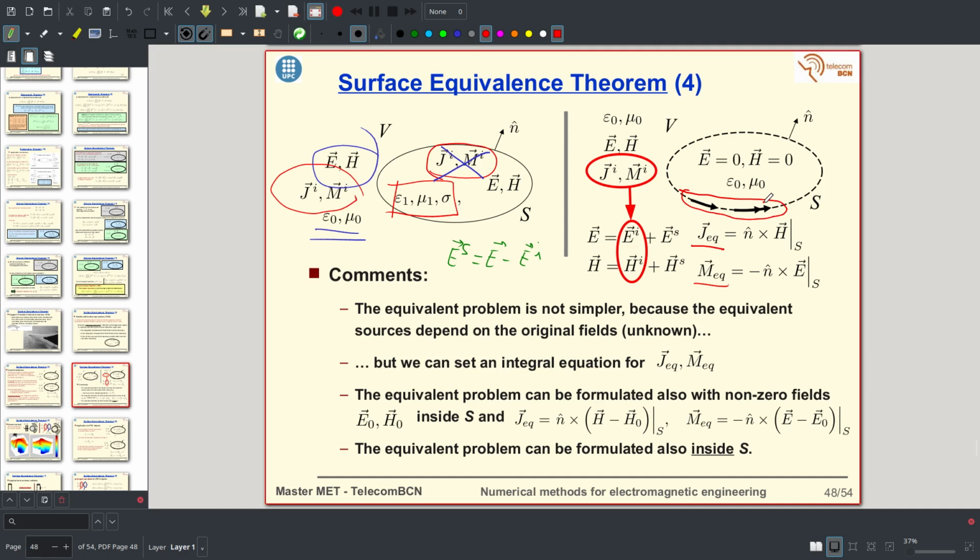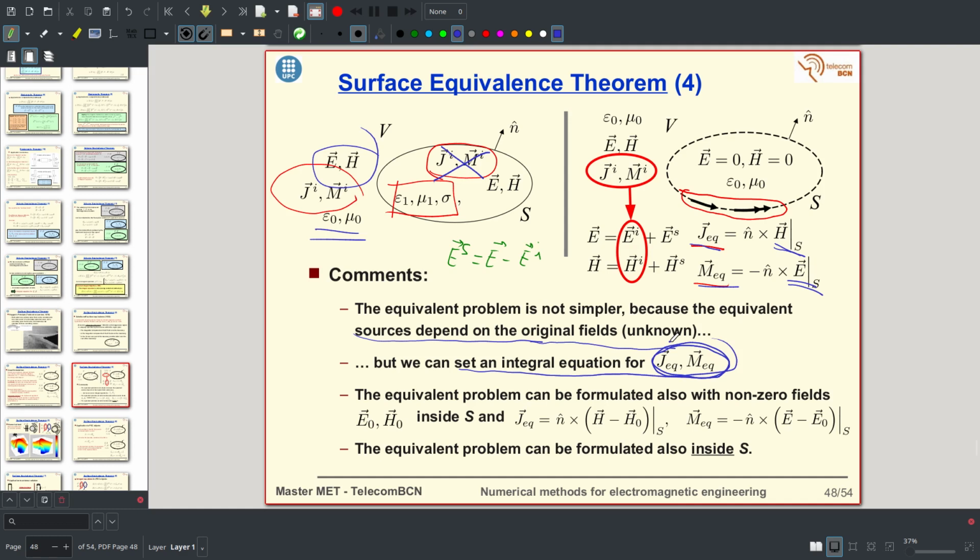So, now it seems that everything is simple because both the impressed currents and the equivalent currents radiate in free space, but again, the same as in the volume equivalence theorem, the equivalent currents depend on the total fields. The equivalent currents depend on the total fields that are the fields that we want to compute. So, again, we will need to set an integral equation in which the unknown will be the equivalent currents. We will do this in a later slide.